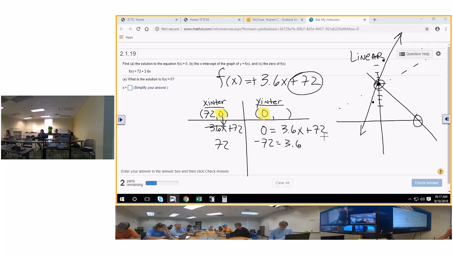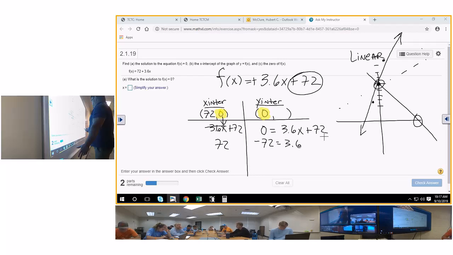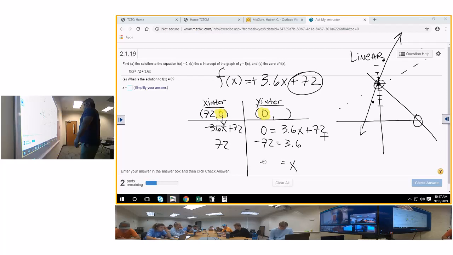And what is it? Somebody tell me, I can't do decimals in my head. Is it 0.2 or 20 or? I guess negative 20. So negative 20, so there's your x and your y-intercept.